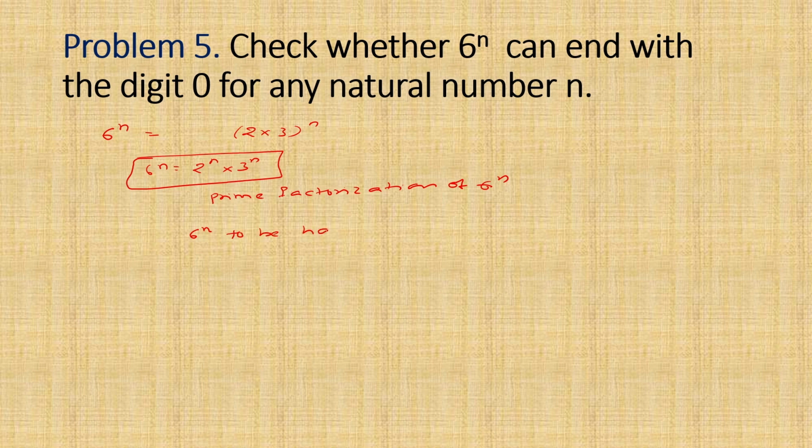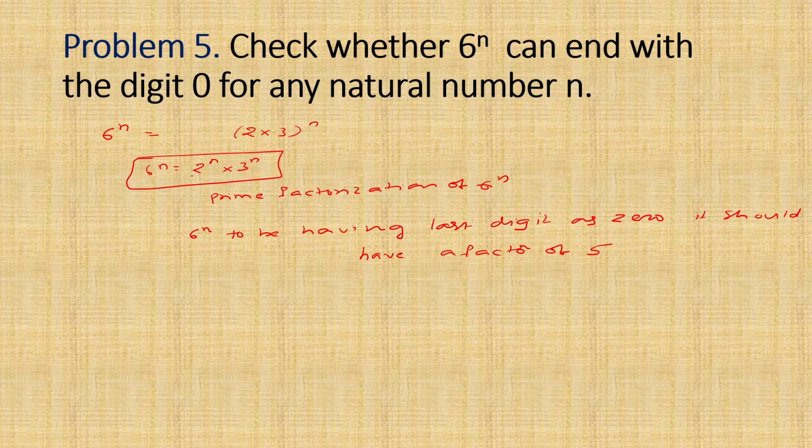So for 6 power n to have last digit as 0, it should have a factor of 5.